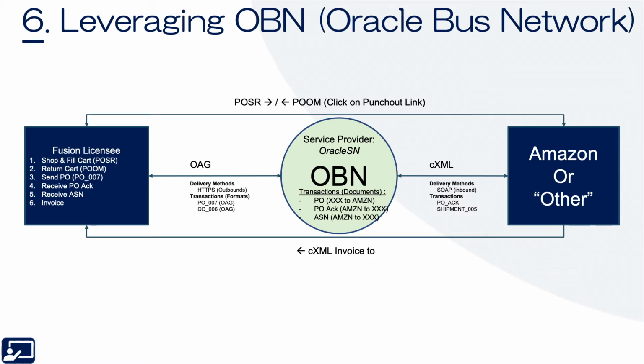It goes into, let's say, Amazon or somebody else. They then may send back some kind of confirmation. They may also send an ASN. They may send you an invoice, which you may inbound, etc. So it's just a network that transmits transactions back and forth.